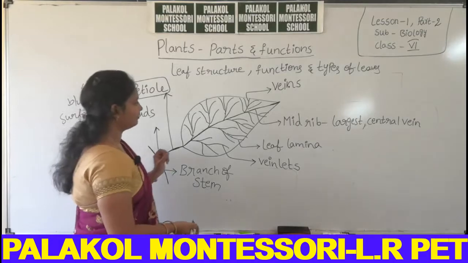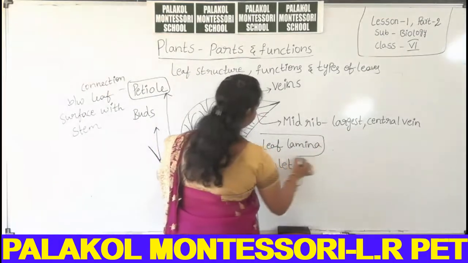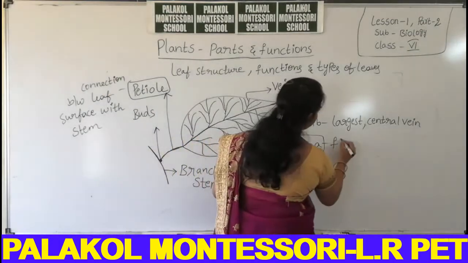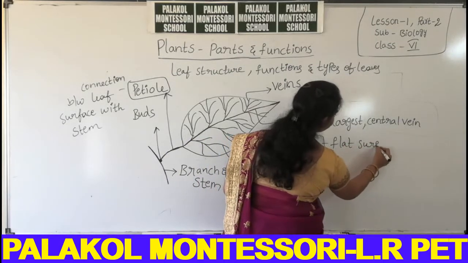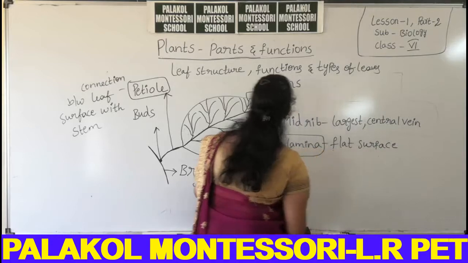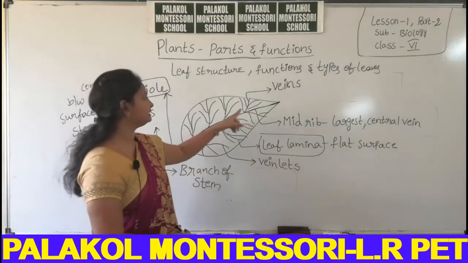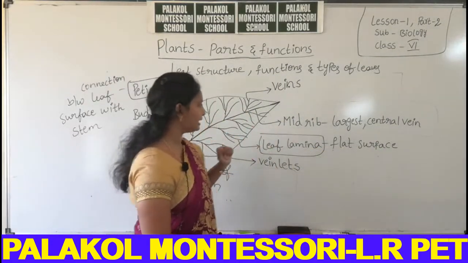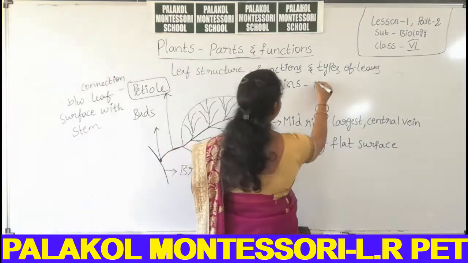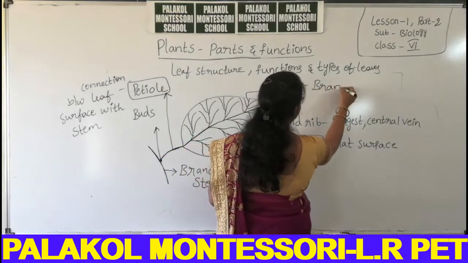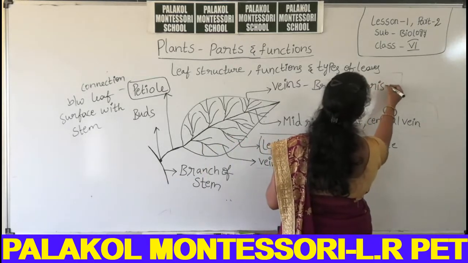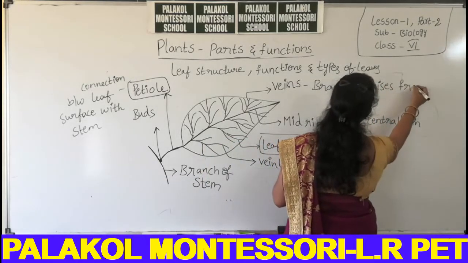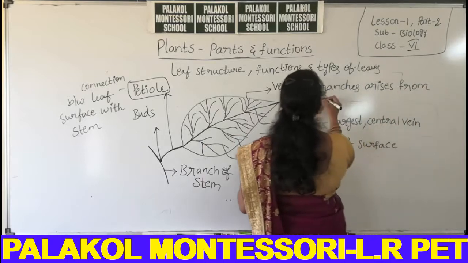Okay, the leaf lamina is the flat surface of the leaf. The central largest vein is called the midrib. Veins are the branches that arise from the midrib.